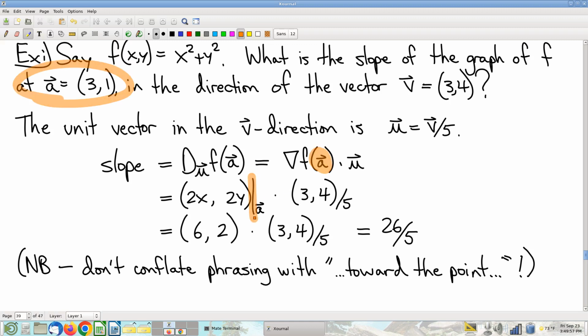So this is all evaluated at the point A, and so you're going to have to plug in x equals 3 and y equals 1 to evaluate this general gradient to the specific gradient that I actually need at that point. Okay, and then arithmetic.